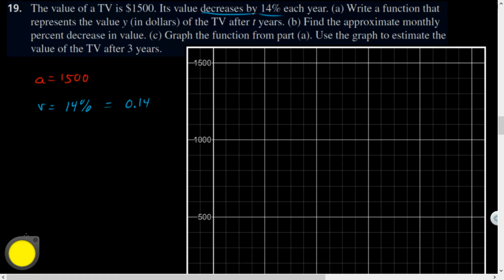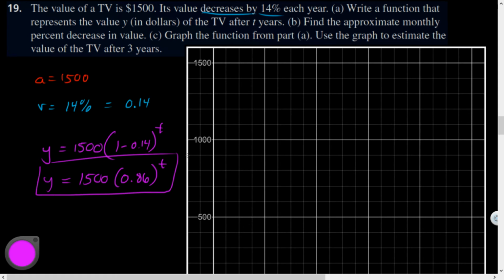So we'll do it in purple, why not? So y equals 1,500 times 1 minus 0.14 to the t, which is 1,500 times 0.86 to the t. And that's what we've got.